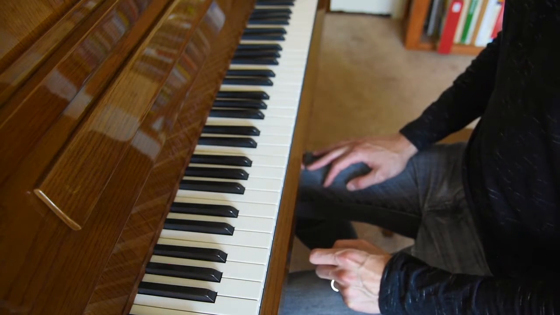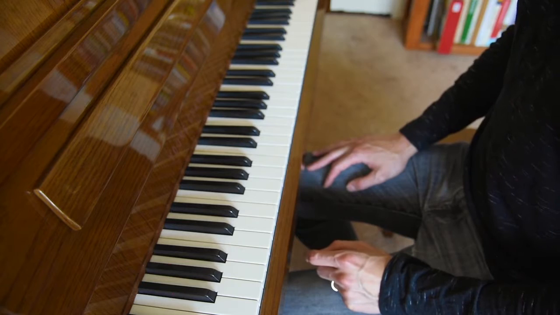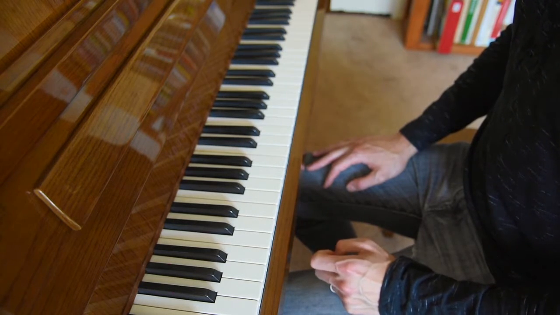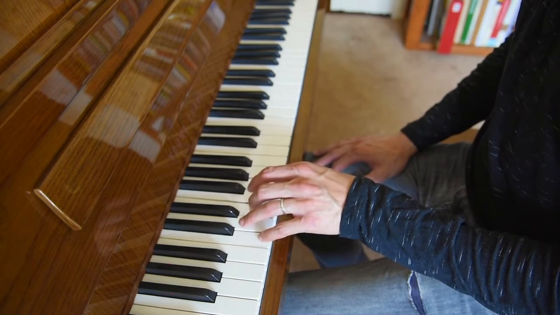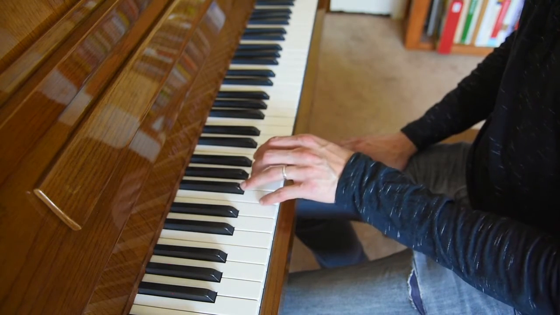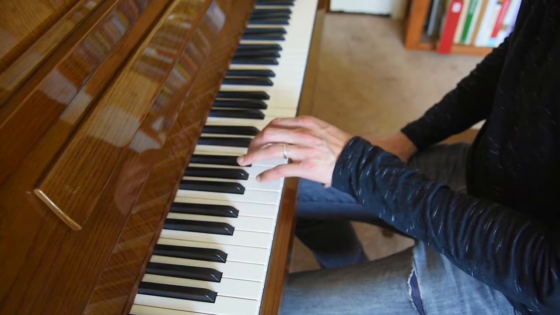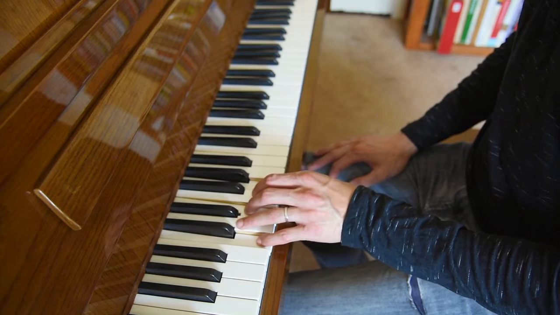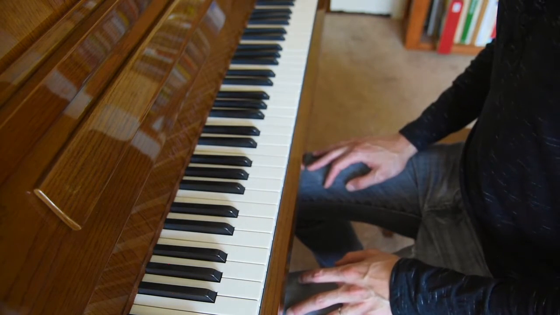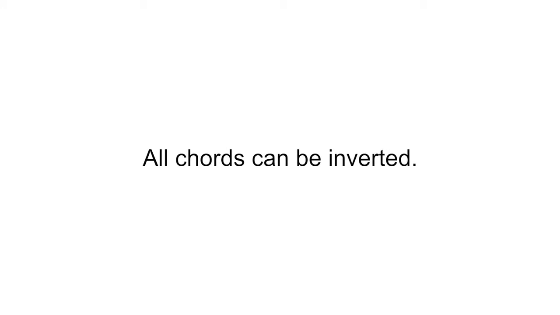So those are 3 different positions to play the same chord, C major, in. As you can hear, the quality of the chord changes when you use a different position. All chords can be inverted in this way.